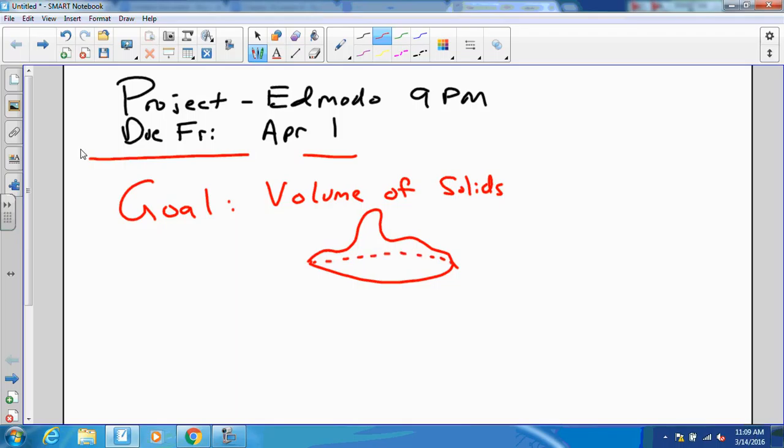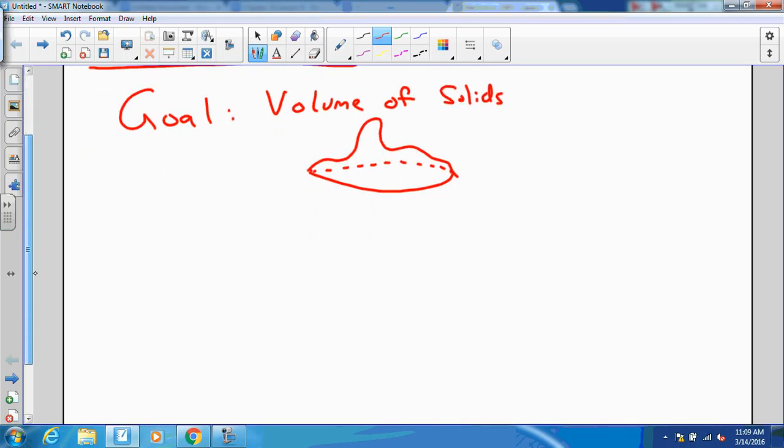In the general problem, I might have some weirdo solid that looks like this, some three-dimensional figure, and then I would have to find the volume of this. We're not going to be capable of doing the general problem, but we're going to be capable of finding the volumes of a lot of different solids. And our goal for today is the specific problem of volume of solids with constant cross-sections.